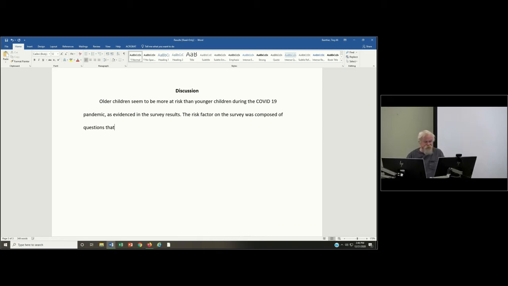The risk factor on the survey is composed of questions that asked about blank, blank, and blank. Okay, and then we would talk about how these questions apply to the real life behaviors of older children.